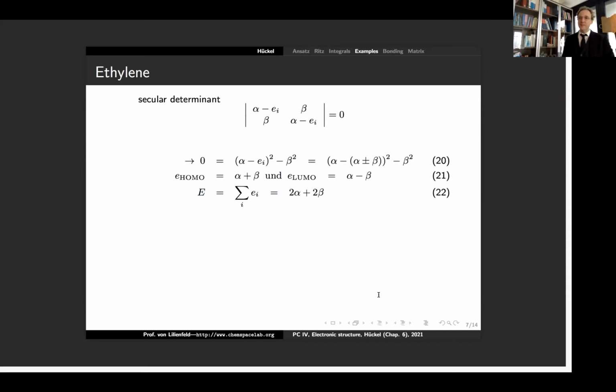Now I have to add to this. Just this is not yet an MO diagram. This is just the energy diagram, right? The MO diagram is that next to each level, you would make some drawings of orbitals, right?